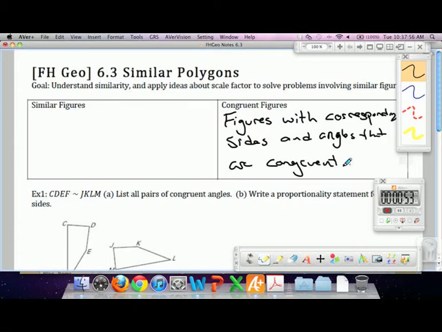Congruent figures are figures that have congruent sides and congruent angles, like they correspond. That's what we kind of focused our study on so far.